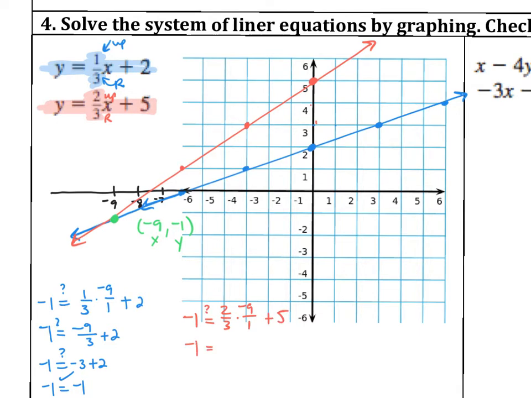Negative 1 equals 2 times negative 9, which is negative 18, over 3 plus 5. And negative 18 divided by 3 happens to be negative 6, plus 5. And negative 6 plus 5 is negative 1. So we did a good job, even with some weird circumstances, and got our solution, negative 9, negative 1.